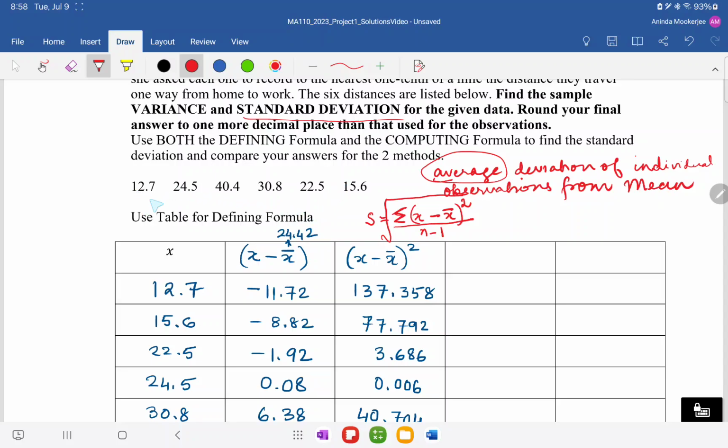When you sum up all these values, 12.7 plus 24.5 all the way to 15.6, divided by 6, you should come up with a value of 24.42.